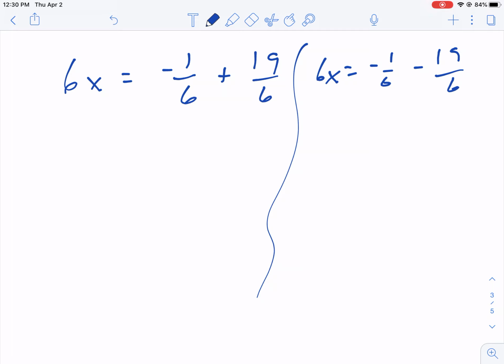So we can actually simplify this because you have common denominators. So 6x equals 18 over 6. And then we're going to divide this by 6, which would be 3 over 6, which would end up being 1/2.